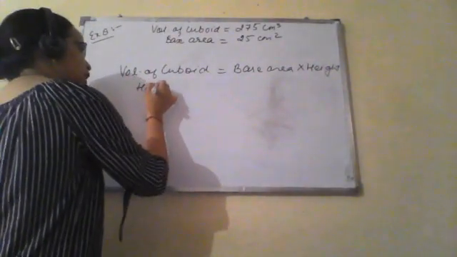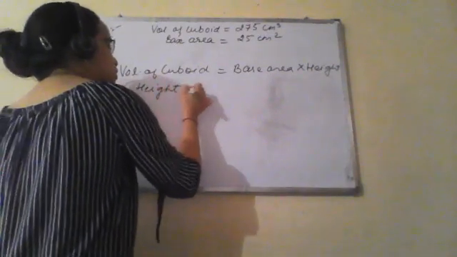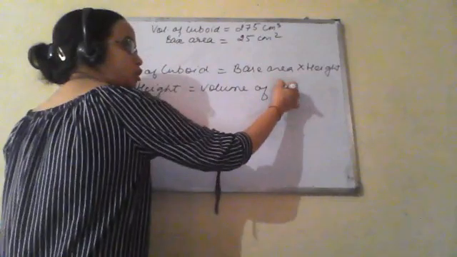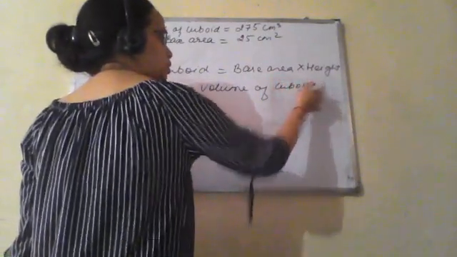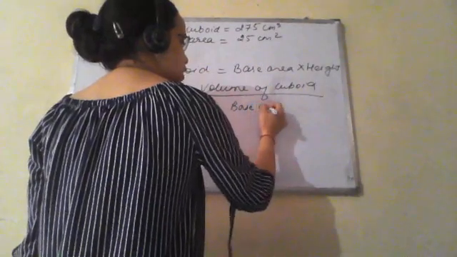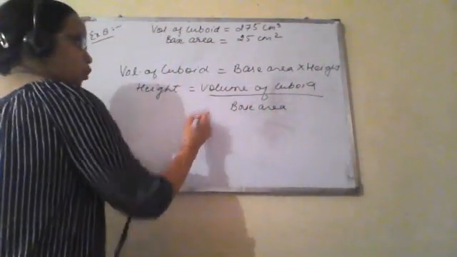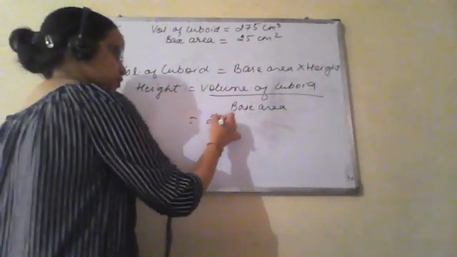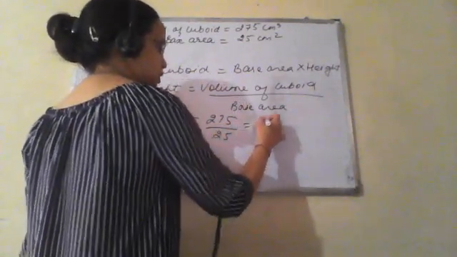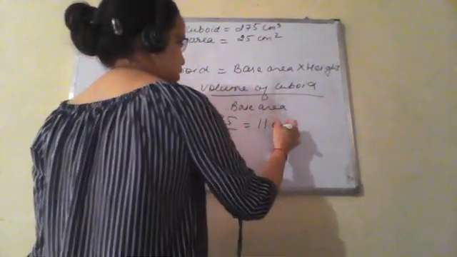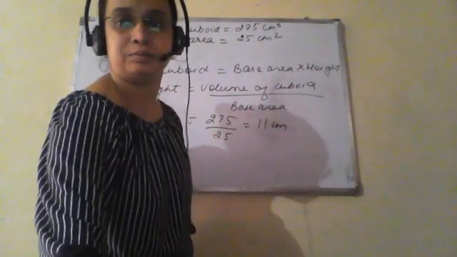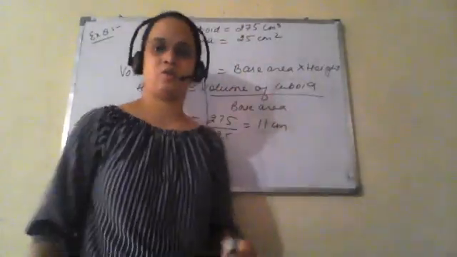Height will be equal to volume of cuboid or any figure divided by base area. So volume of the cuboid is given as 275 and base area is 25. So it will become 11 centimeter. This is how we have calculated the height.